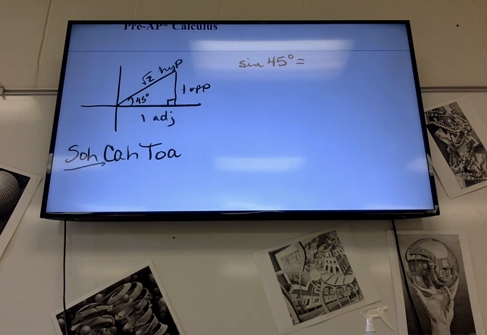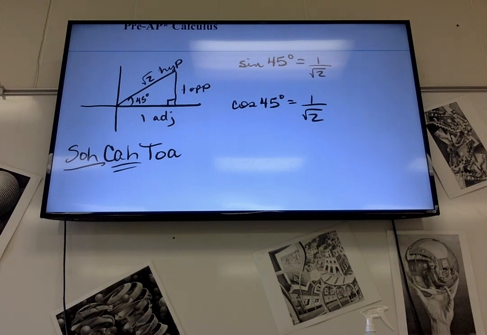So sine is opposite over hypotenuse, so 1 over square root of 2. Just leave it like that, it's fine. We need the cosine of 45 also. Same thing, it's adjacent over hypotenuse. It just so happens on a 45, 45, 90 triangle, it's isosceles, so they're both the same.